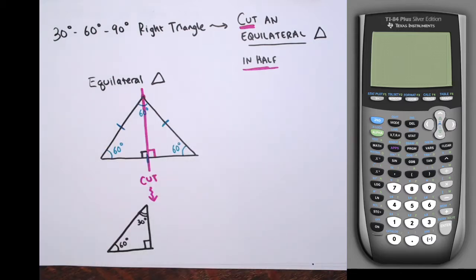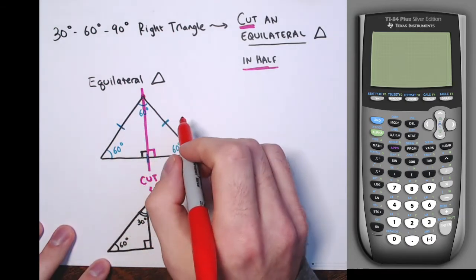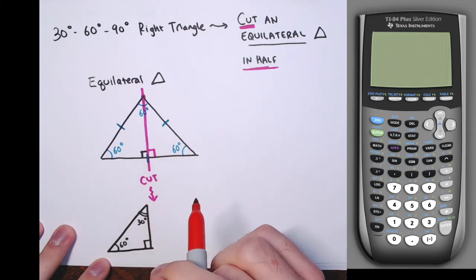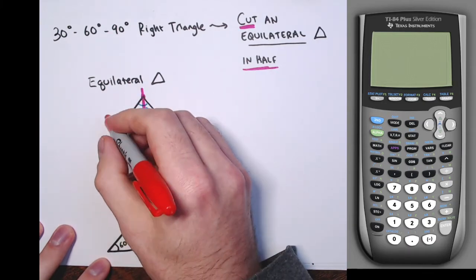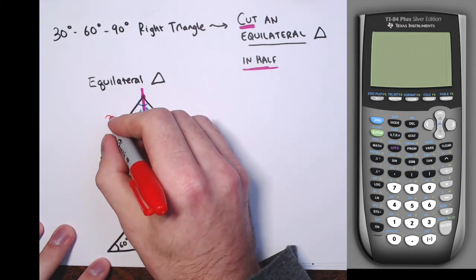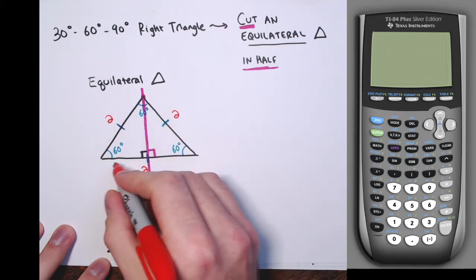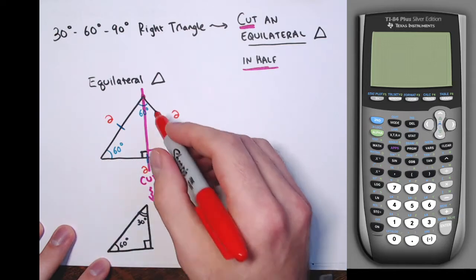Now let's go back and look at this equilateral triangle. Just to make things a little easy for me, because I was cutting things in half and I don't want to see fractions just yet, let's just say that each of these side lengths was 2 units long. 2 units, 2 units, and 2 units, all in the equilateral triangle.